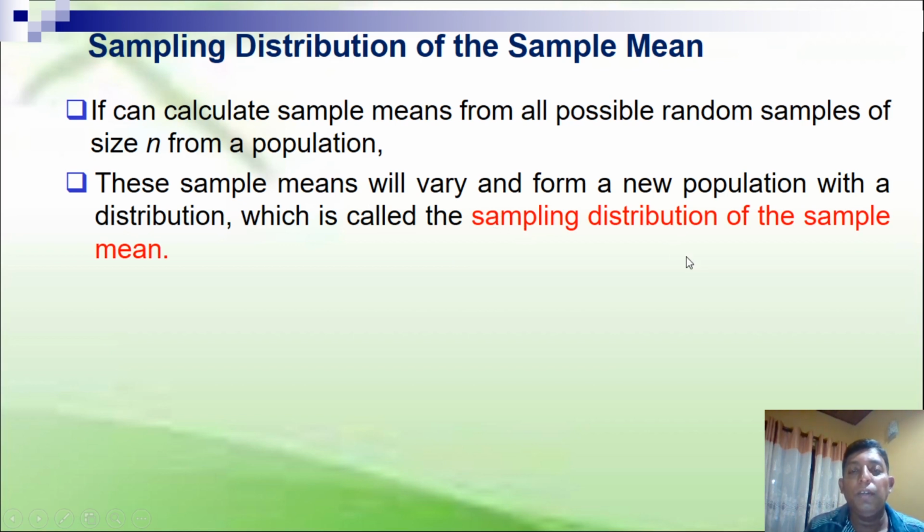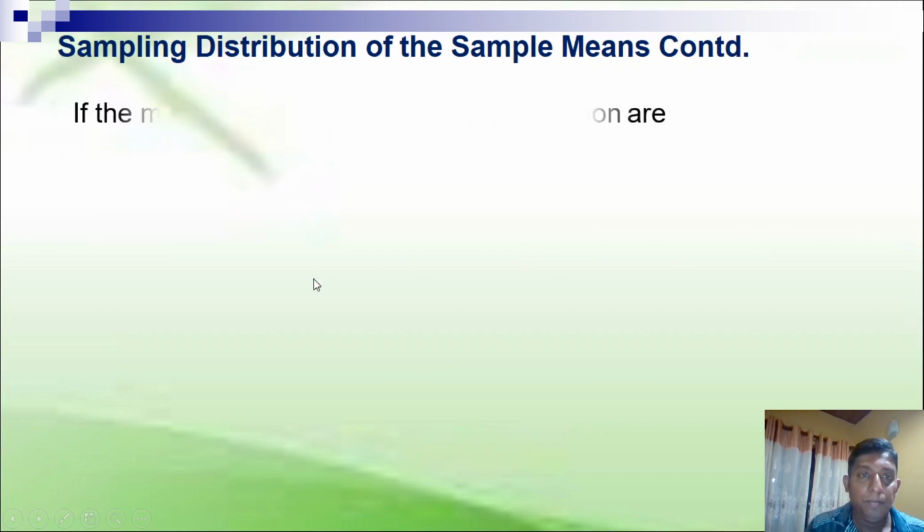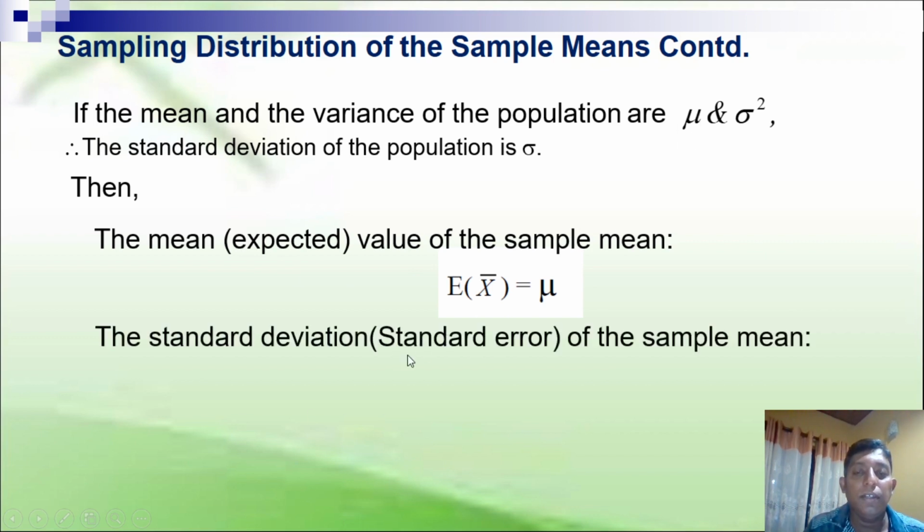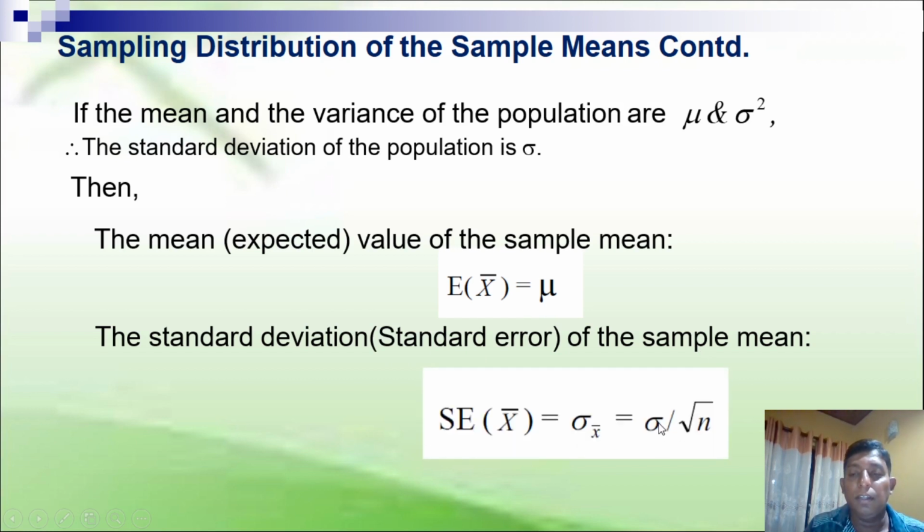That population we call the sampling distribution of the sample mean. The sampling distribution of the sample means has these properties. The expected value of the sample mean is equal to the population mean, and the standard deviation or standard error of the sample mean is equal to sigma over square root of n. Sigma indicates the standard deviation of the population.